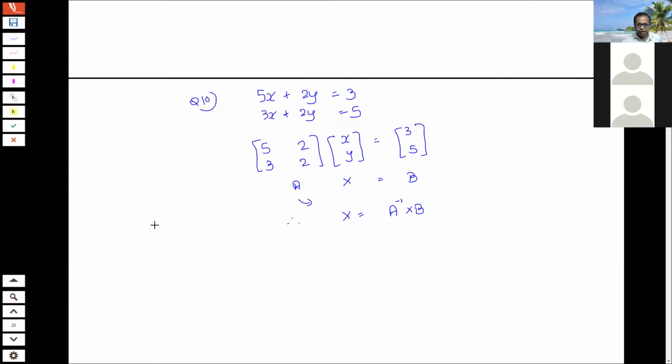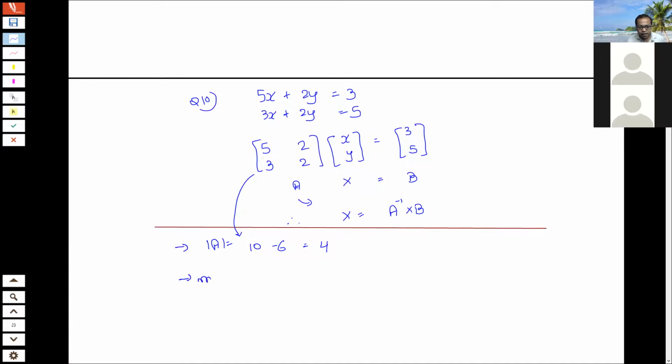So now our target is to find A inverse. The first step will be the determinant of A. So 5 times 2 is 10, 3 times 2 is 6, with a minus sign in between, so it is 4. Then I will have the minor matrix, so 2 5 and 3 2 will change position. After minor, I will have the cofactor where 2 signs I will change, and after cofactor I will have the adjoint of this matrix.